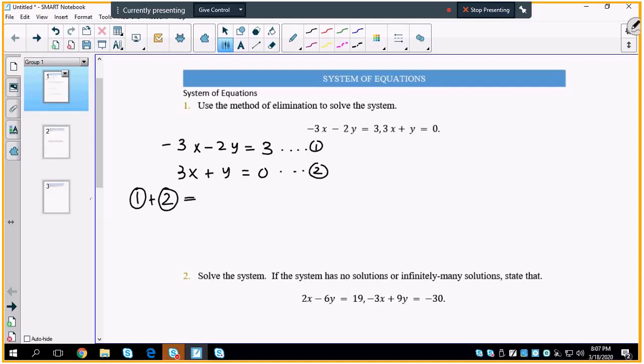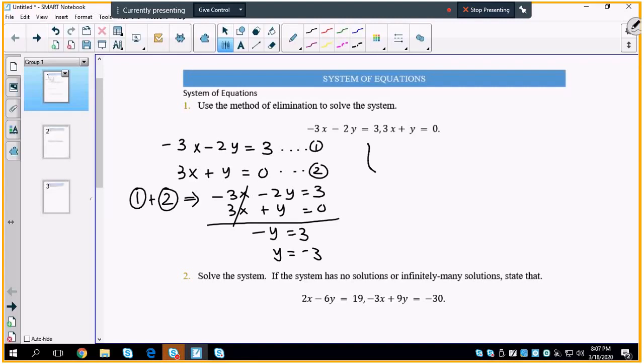See what happens. You have minus 3x minus 2y equal to 3, and then you have 3x plus y equal to 0. If I add them, I get minus y equal to 3. Hence, y is equal to minus 3. So I already know one value. What I do, I use this value in one of equation 1 or 2. Doesn't matter which one.